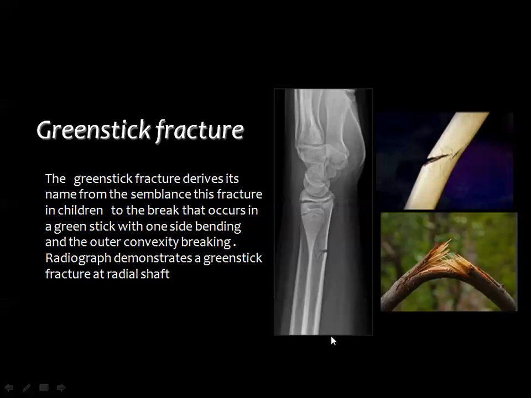Then the greenstick fracture means that there is disruption of one side of the cortex while the opposite cortical bone is intact, exactly similar to the green stick of any tree.